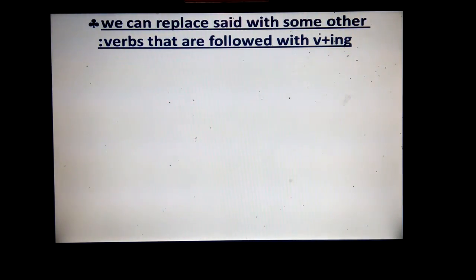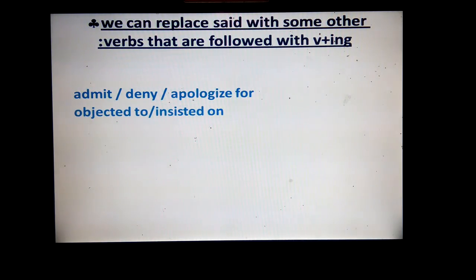We can replace "said" with some other verbs that are followed by a gerund, verb plus ing. Be careful: if we make this change, we also change what comes after these words. Admit, deny, apologize for, object to, insist on, suggest, congratulate on, plus gerund, verb plus ing.